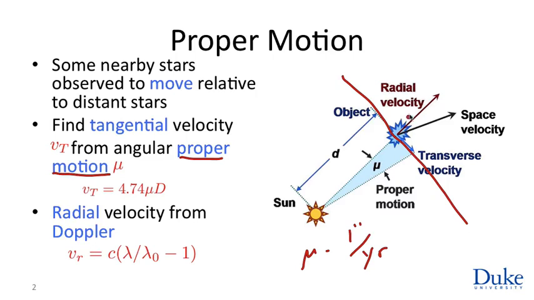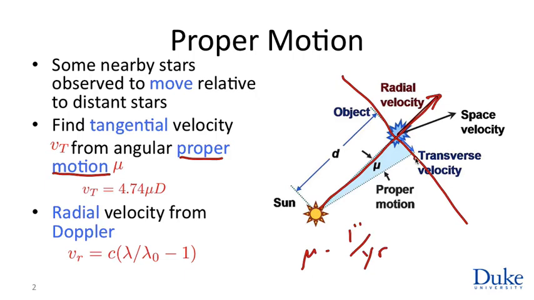So there's a plane here, and then there's a radial direction, which is the direction along the line from us to the star. And we think separately of radial motion, that's motion towards us or away from us, which does not change the star's position in angular terms in the sky, and transverse motion, which is motion along the sky relative to the other stars. And proper motion captures any motion in the transverse direction.